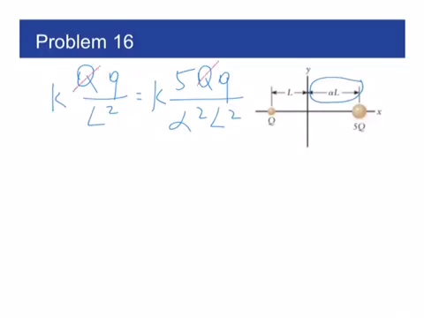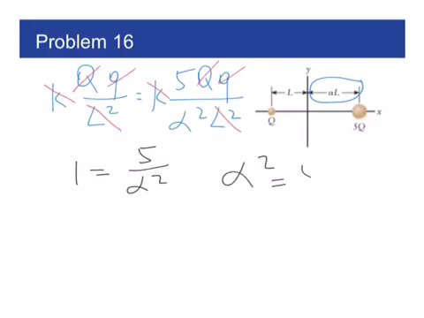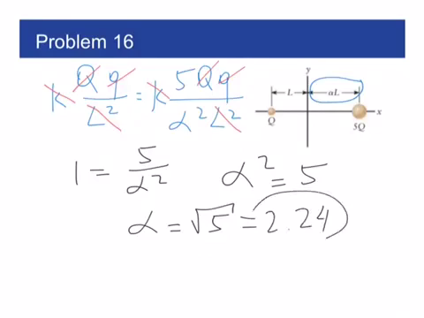Q cancels out, little q cancels out, L squared cancels out, k cancels out. What's left? We have 1 equals 5 over alpha squared. Then alpha squared equals 5, and alpha equals radical 5, which is approximately 2.24, and this is your answer to problem 16. That's the end of this segment.